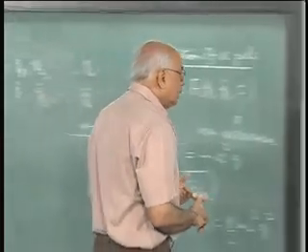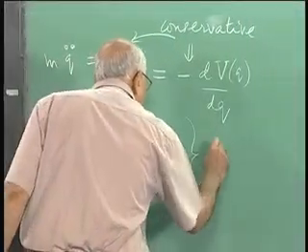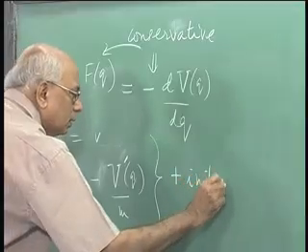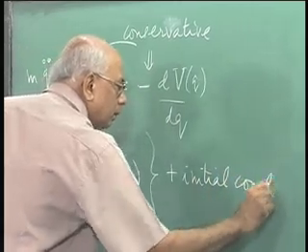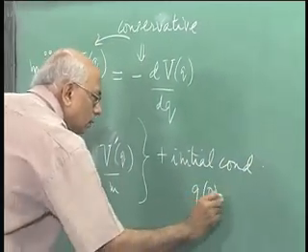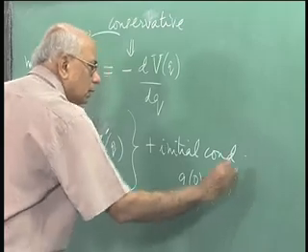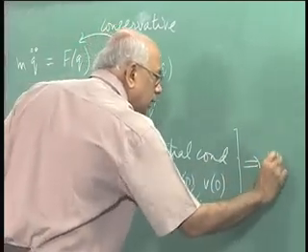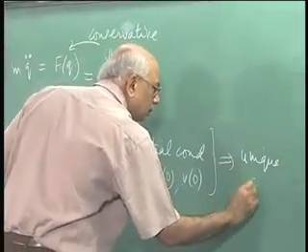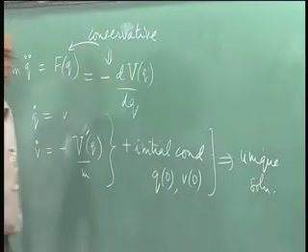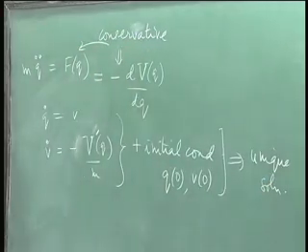That is a set of two first order equations, and this explicitly tells you that the independent dynamical variables are q and v, or q and q dot. And then of course this plus initial conditions q of 0, v of 0 together implies a unique solution together.